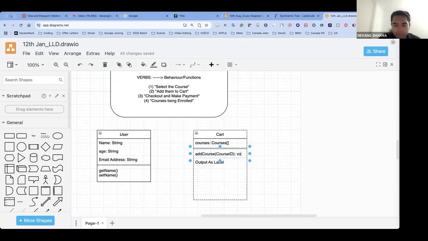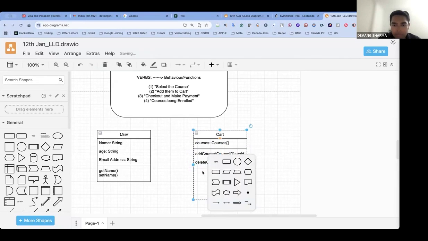Let's say it is void. Okay. Copy this, paste it here. I can have something for delete course, and I can have something for, I don't want to delete this.